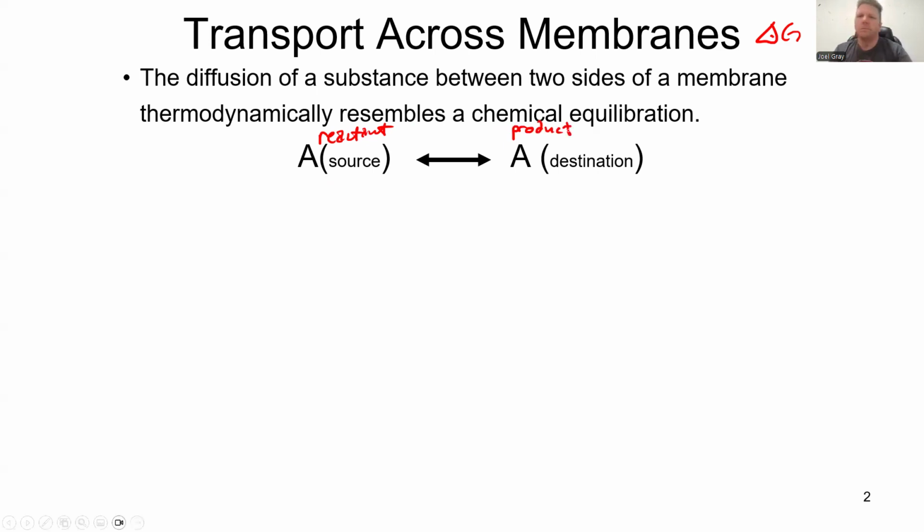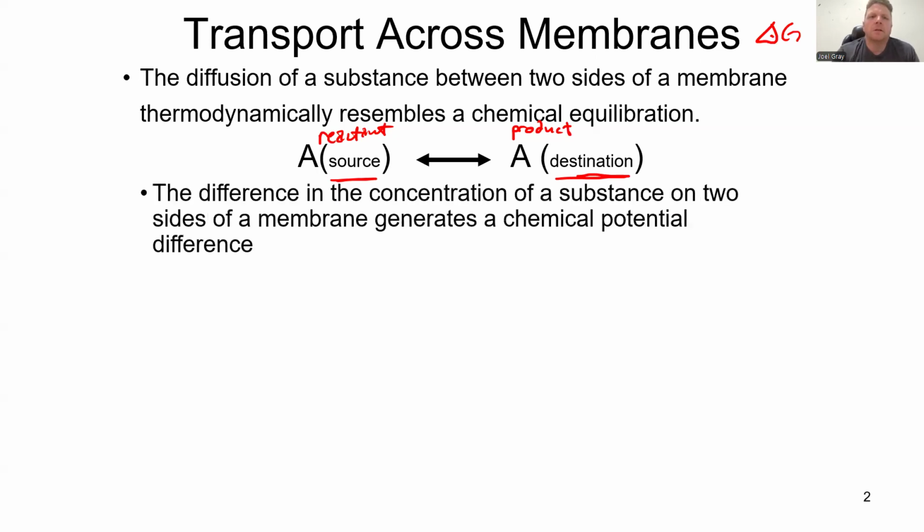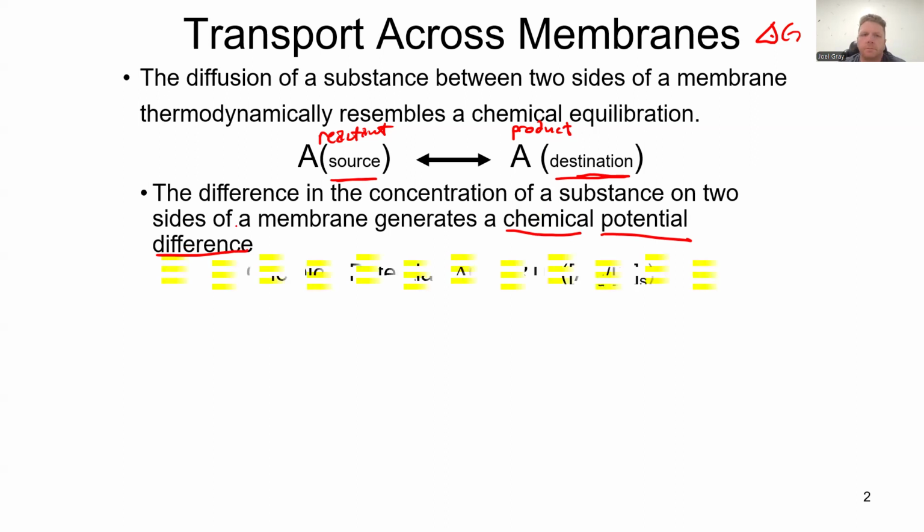But rather than bonds being broken or formed, we're talking about a substance that has a source where it's coming from, and then it goes to a destination, its final place. So the difference in the concentration of a substance on two sides of the membrane generates a chemical potential difference.